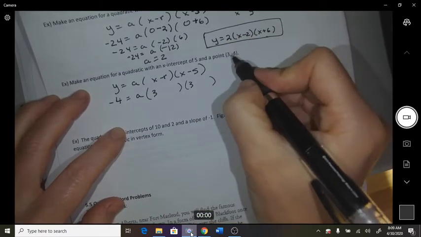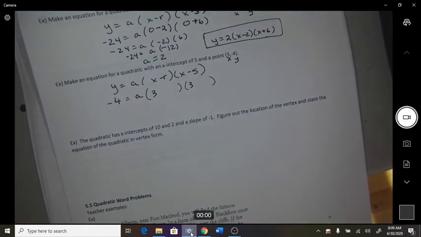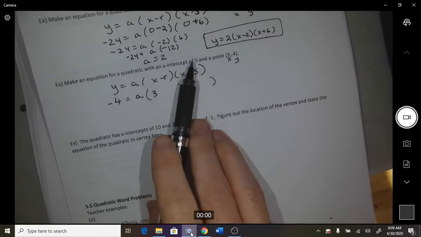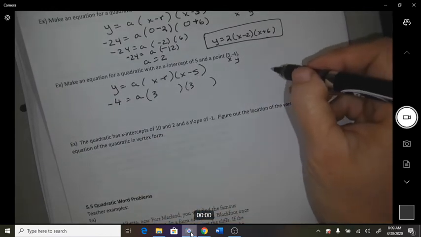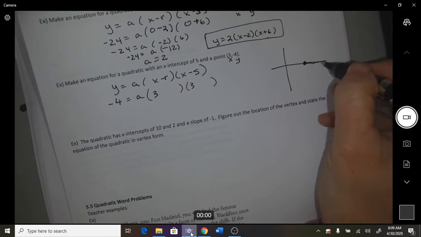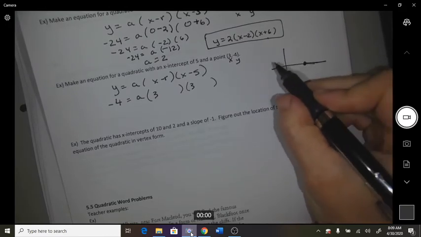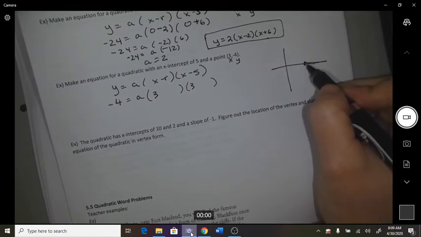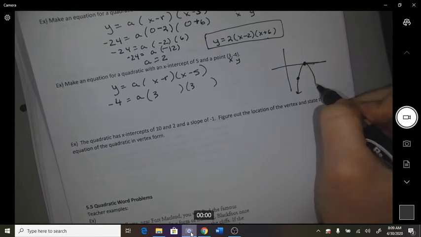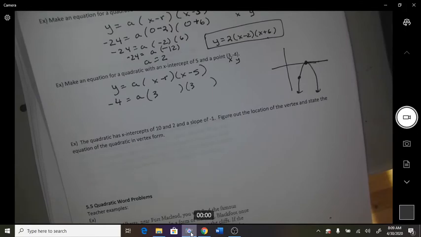So I've replaced my x and my y. Now the x-intercept, they only gave us 1, so what's probably going on is that the vertex is right on the x-intercept, and the point 3, negative 4. So that's what's going on.